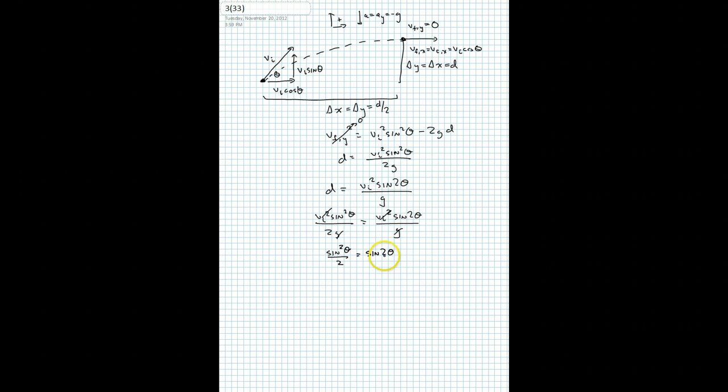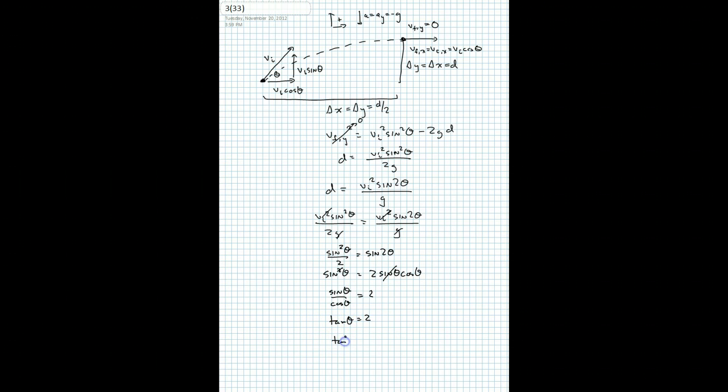At this point, you can slide one of those over to the other side and use your calculator to solve the equation, which is okay. Or you can use that trig identity that we used to actually derive the range equation. So this is 2 sine theta cosine theta, and this is sine squared theta. I can cancel one of the sine thetas, and if I isolate theta, I divide by the cosine, so I get sine over cosine on the left, or tan theta equals 2.